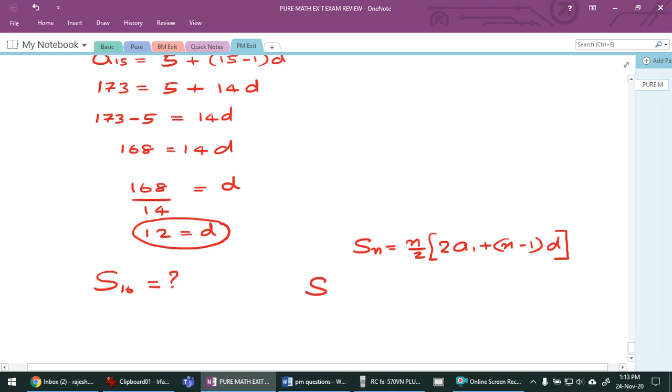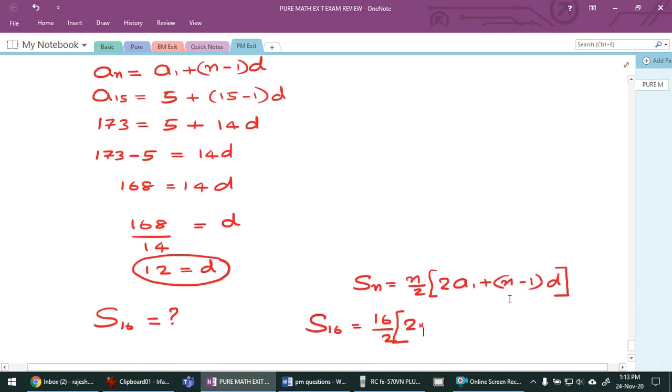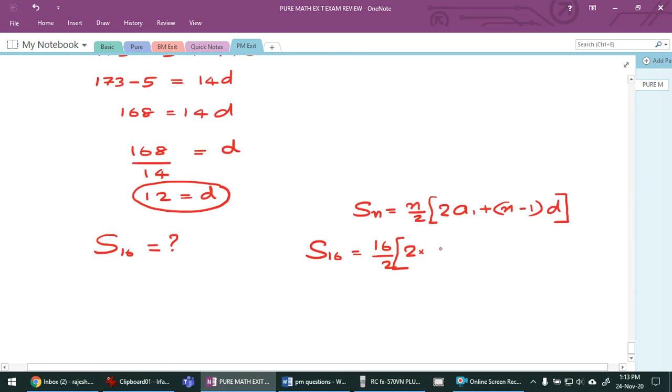So S16 is 16 by 2 into 2 into a1. What is a1? A1 we are already given in the question. A1 is 5. So a1 is 5, plus n minus 1. N is 16. 16 minus 1 into d. D is 12. We already got it.